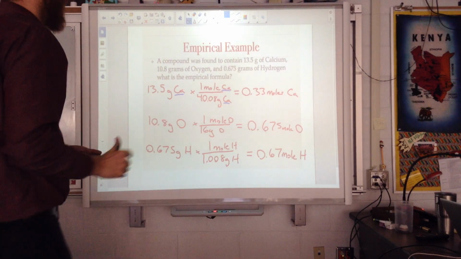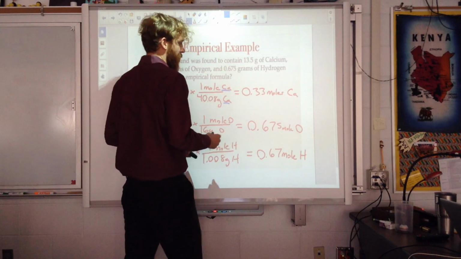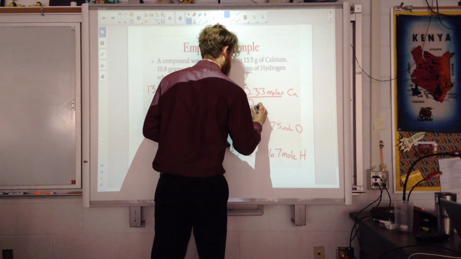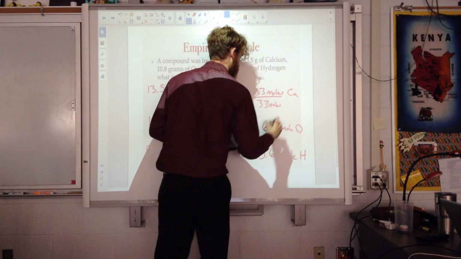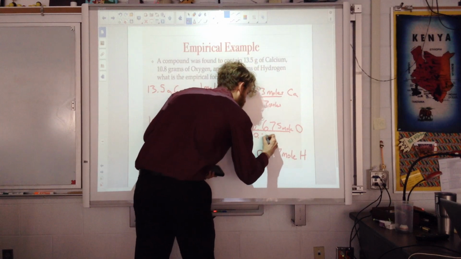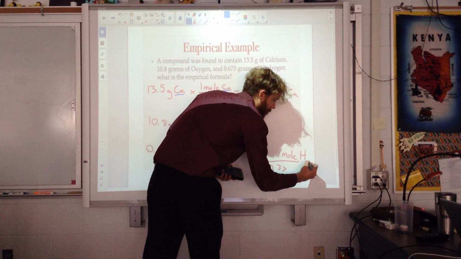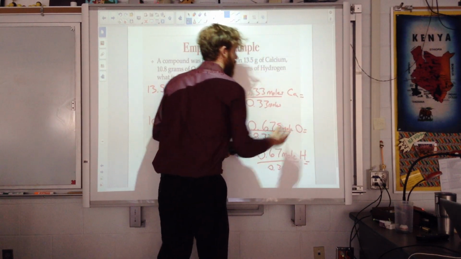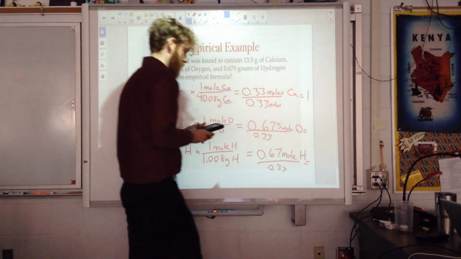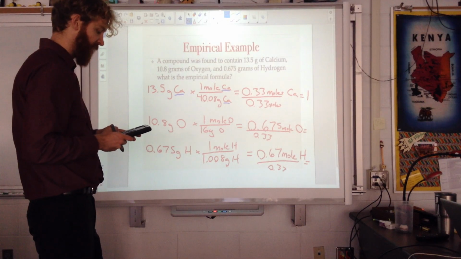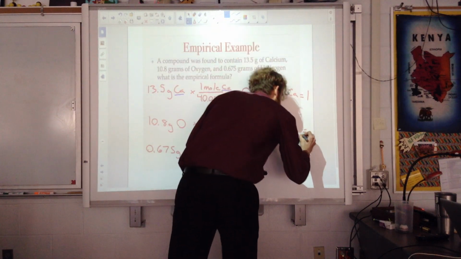Step 2 is divide by the smallest number. So we pick our smallest number, that's 0.33, and we're going to divide everything by 0.33 moles. 0.33 divided by 0.33 is 1. 0.675 divided by 0.33 is 2.05.